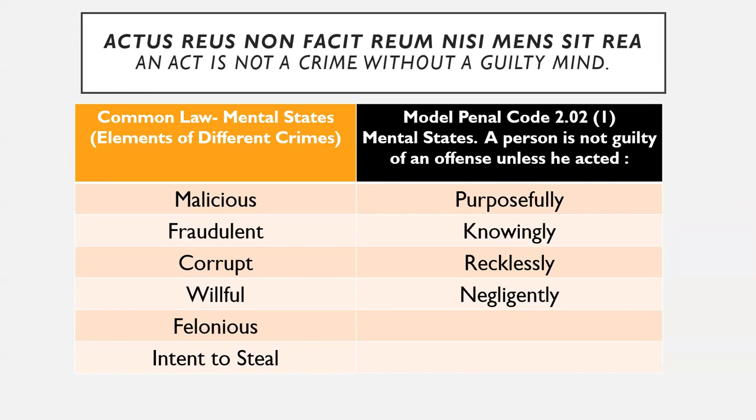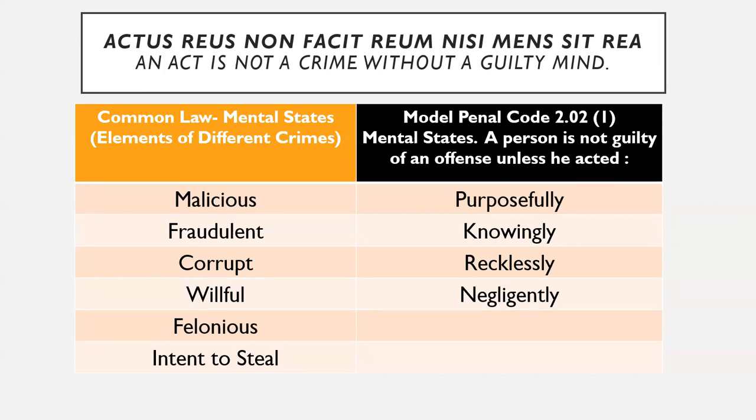Usually, as we enter into the world of mens rea, we notice a significant difference between common law categories of mens rea and Model Penal Code categories of mens rea. Common law has many more categories.